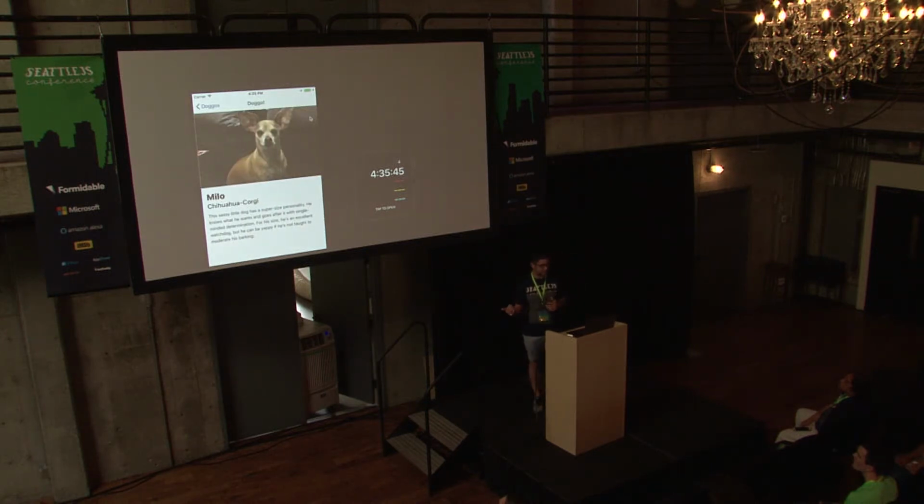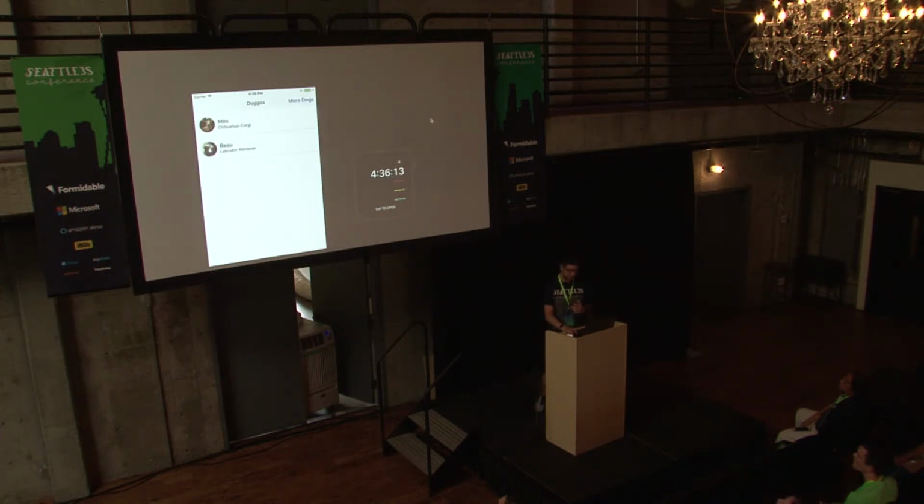So let's see that on the watch. Let's get our list data. When we launch the app on the watch, we told the iPhone, hey, I've launched, get my data from the Redux state, send it through the native module, and then load it on my watch. So that's pretty simple.